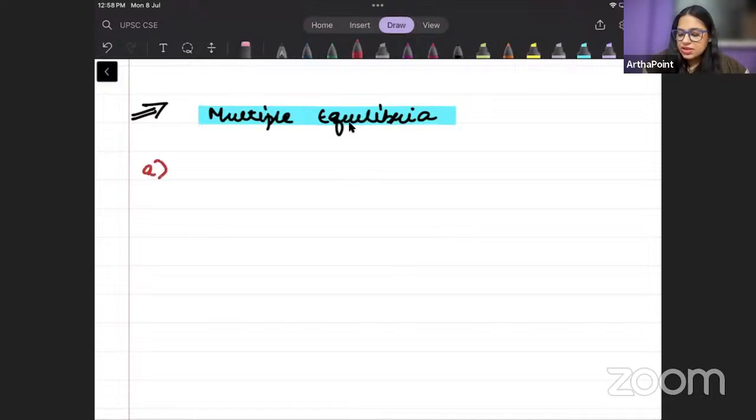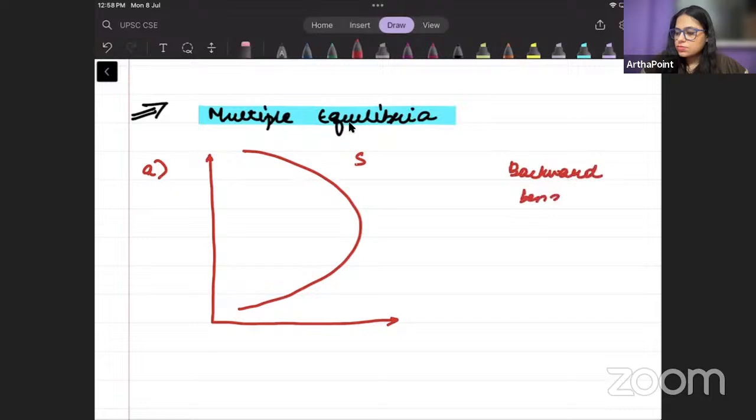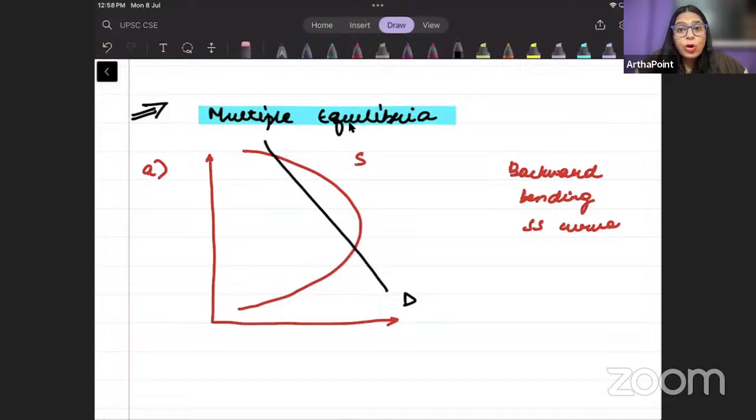So for example, case A, you have a backward bending supply curve, right? And you have a demand curve. And you notice that there are 2 points at which demand and supply are meeting. So, here is one point and here is the other point. Right? This is the case of multiple equilibria.